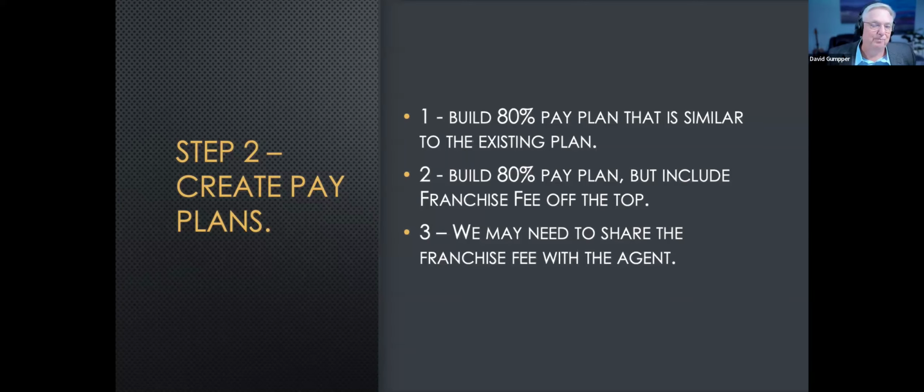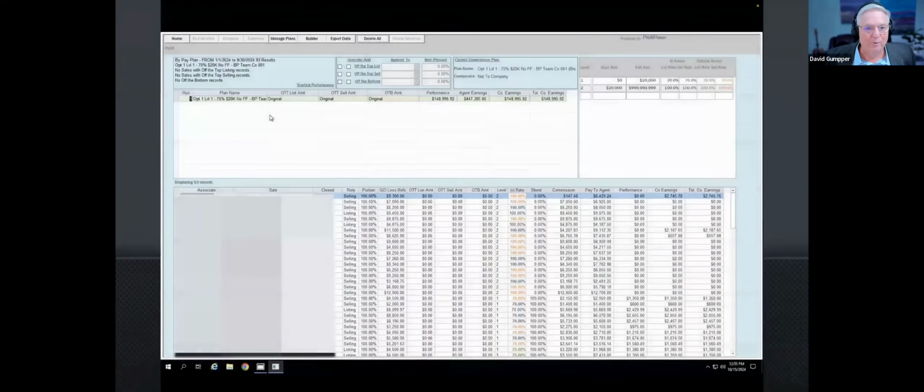And now I built a plan out that says, well, let them pay all that franchise fee. The third model then is, well, what if that's too harsh? Maybe we'll split the difference. So in this case, we'll use a 3% franchise fee instead of a 5% on pay plan 2. So let's take a look at how we do this.